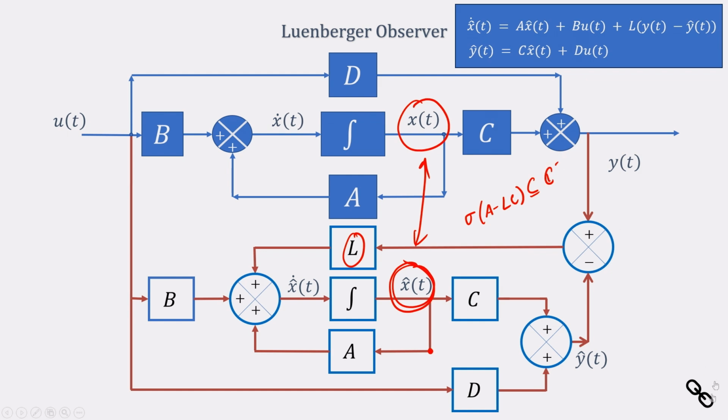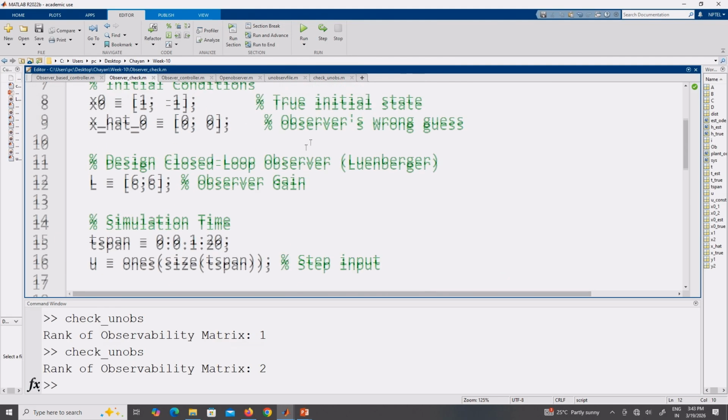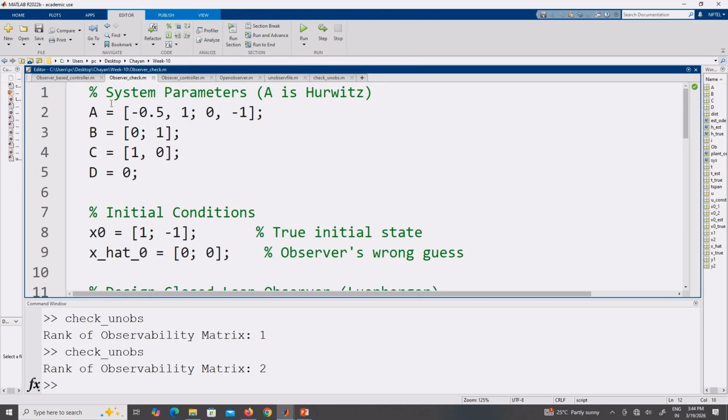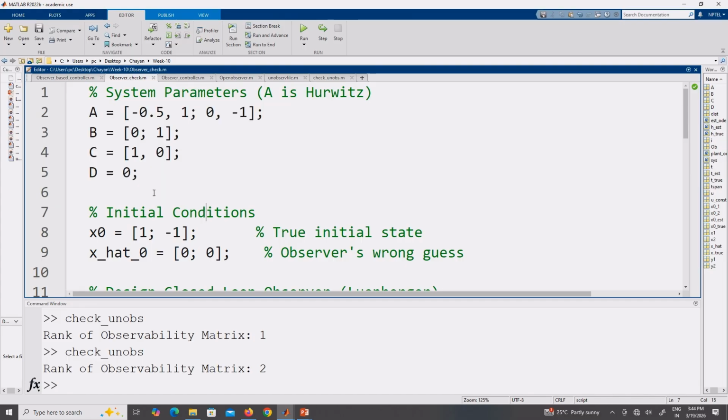Okay. So, let us have a look at a simulation here. You can see that we have this system, and in this system you can see A, B, C and D. If you go ahead and check C and CA, then you will see that this is an observable system. Okay.